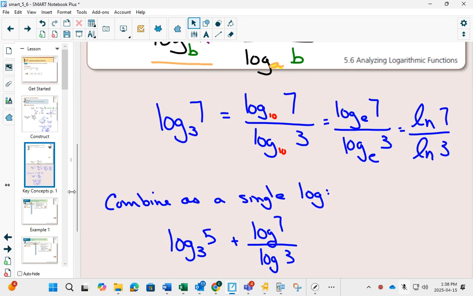So here is a question we're going to do as a warm-up. Again, you can keep adding this on page 401. Let's combine this as a single logarithm. And the number one thing I see students making mistakes with is the change of base theorem and the log law that's dividing.